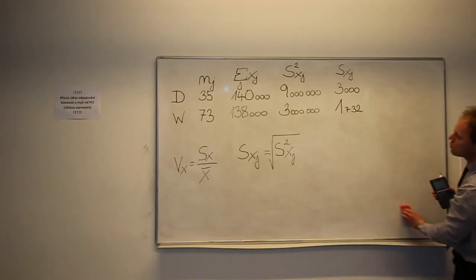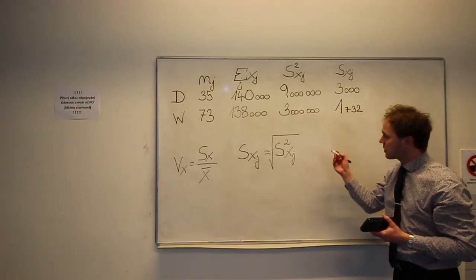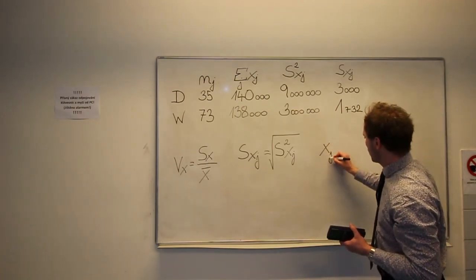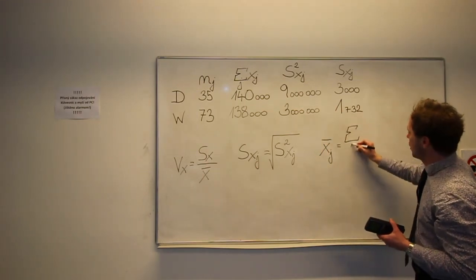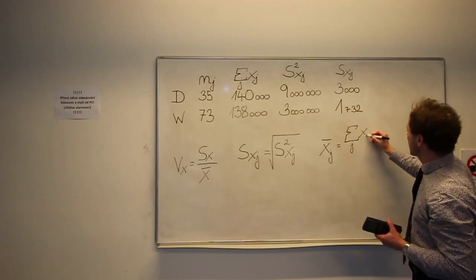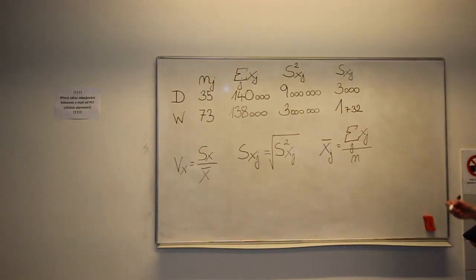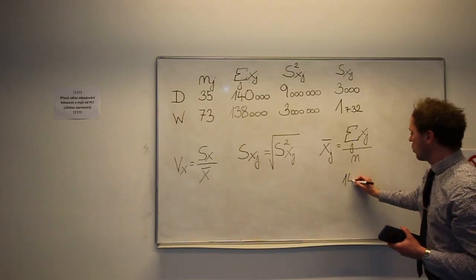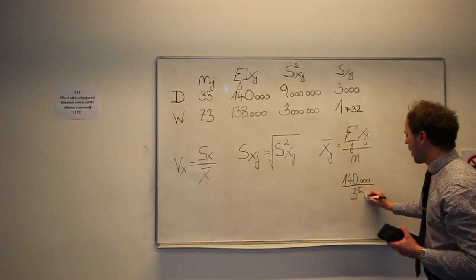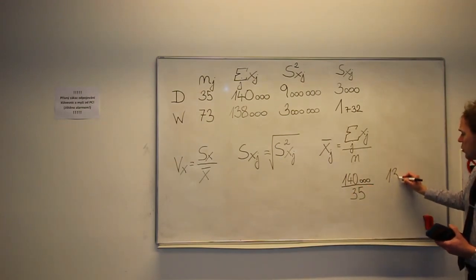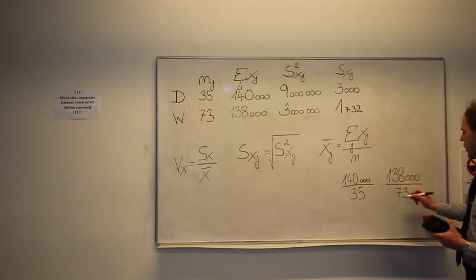Okay, so we have here two deviations and we need to calculate the individual means, the partial means, xj with stripe, and this will be calculated as the summation through all j of xj divided by n. So again, we can easily calculate two ratios: 140,000 divided by 35 clients, and 138,000 divided by 73 clients.